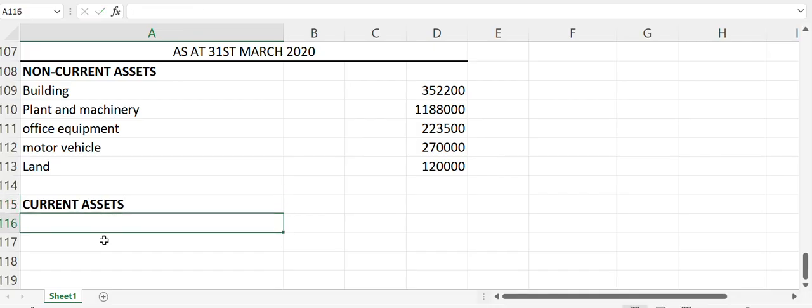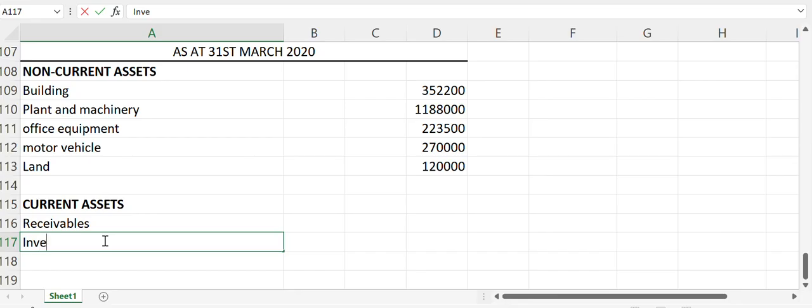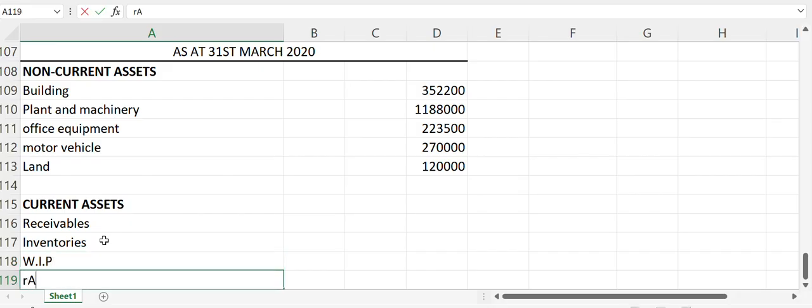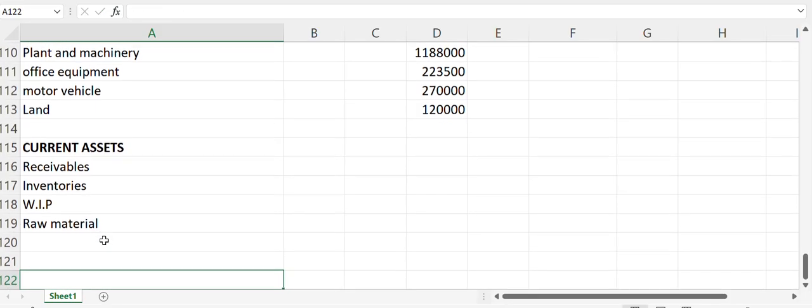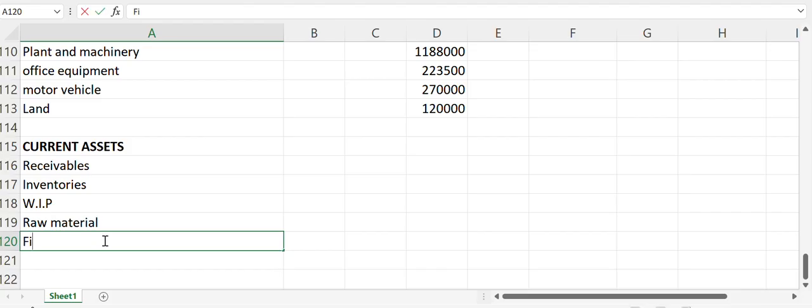So from there we can proceed with the current assets. So for current assets we have receivables. Don't forget, we had receivables. And then now for inventories, now you have to be careful here. For inventories, you add all closing inventories, whether work in progress, raw material, and finished goods.